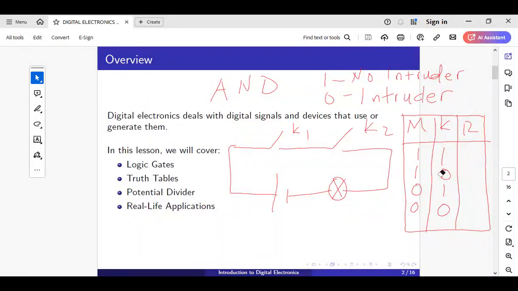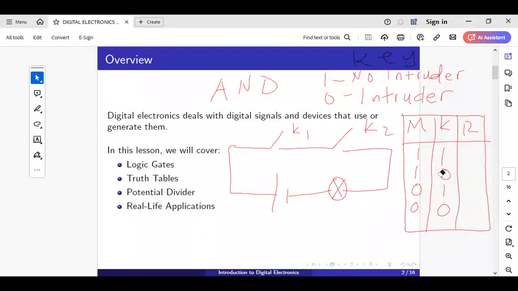Let us just use the key. This is our key: 1 is for no intruder, 0 is for intruder.